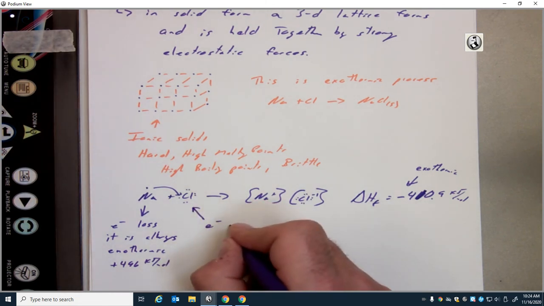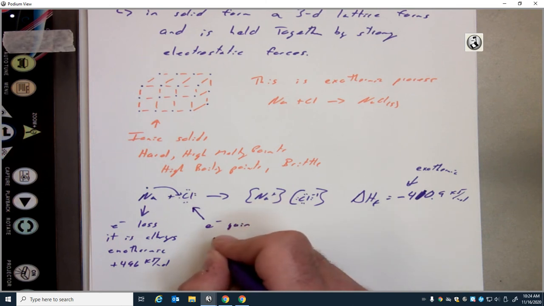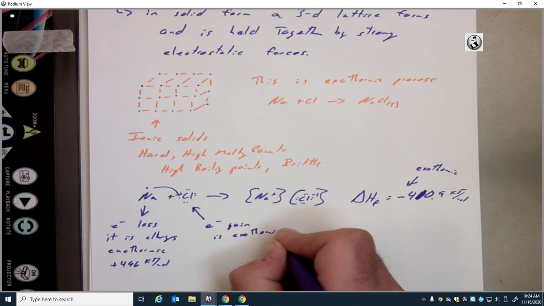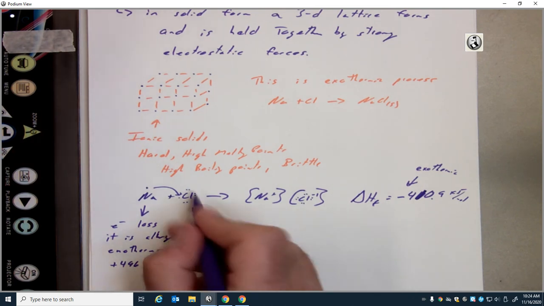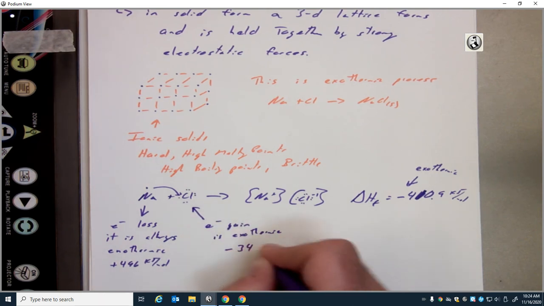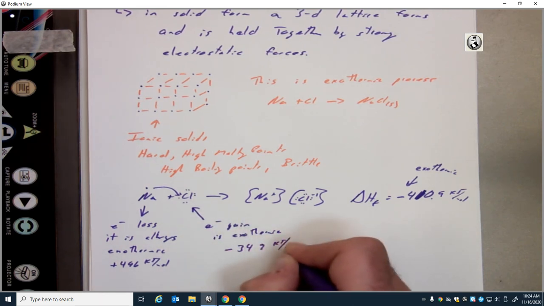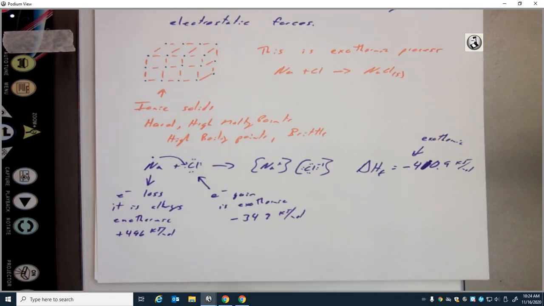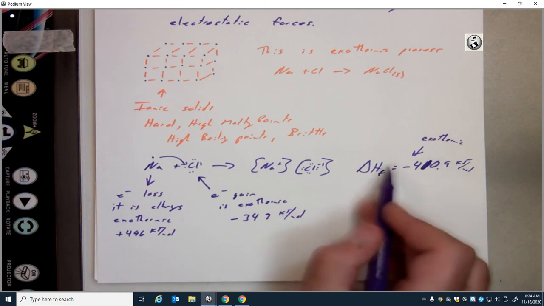Electron gain is exothermic. And actually, the gain of an electron for chlorine turns out to be negative 349 kilojoules per mole. So if we add those two numbers, we should get this number.